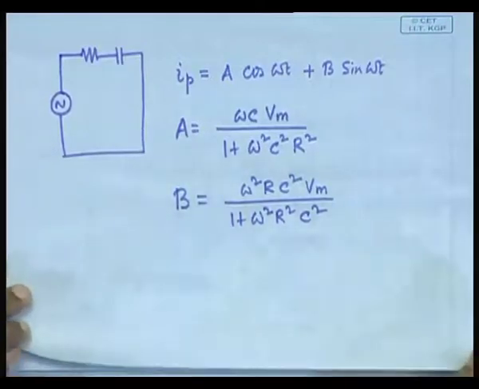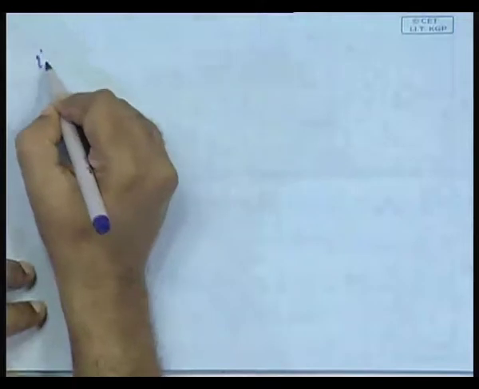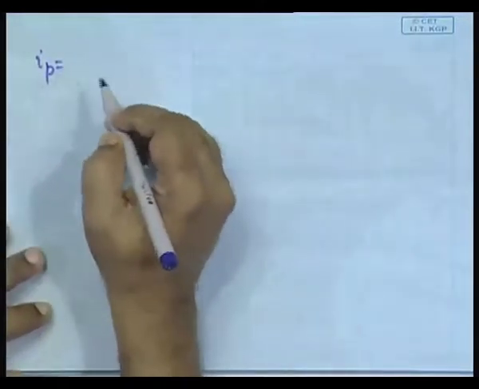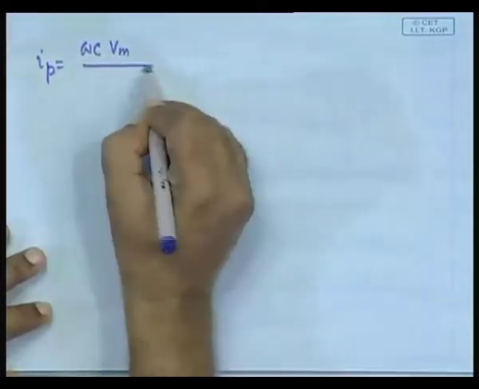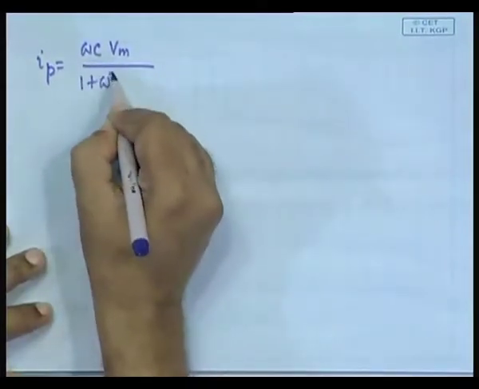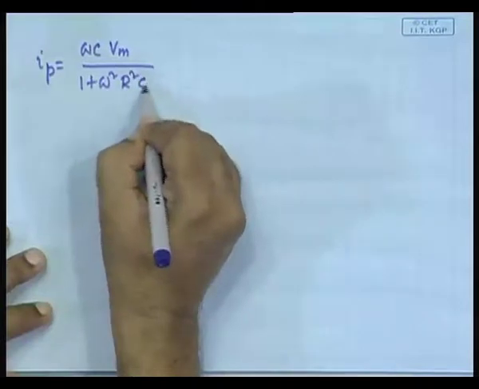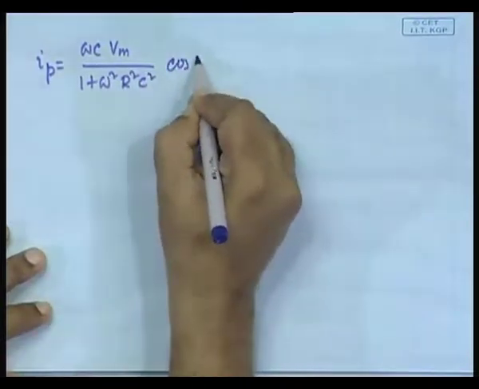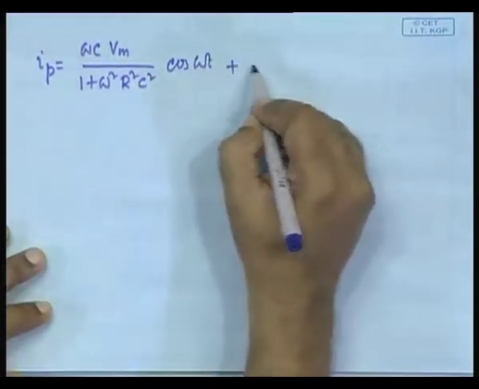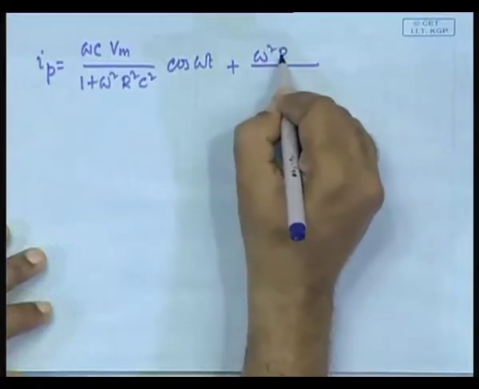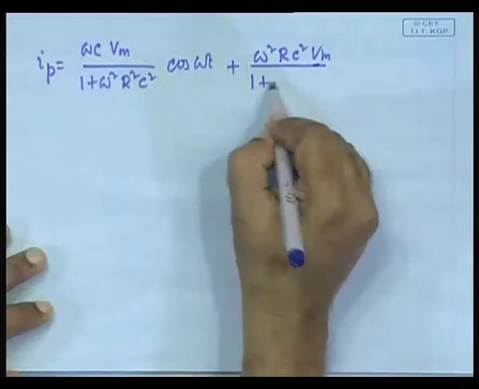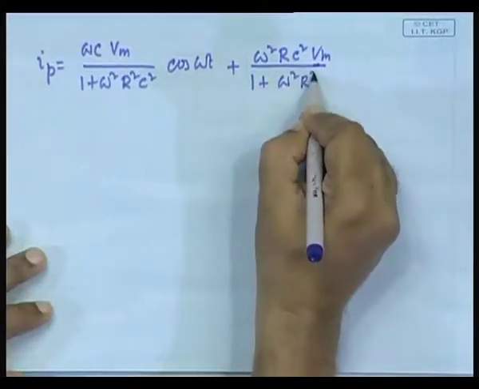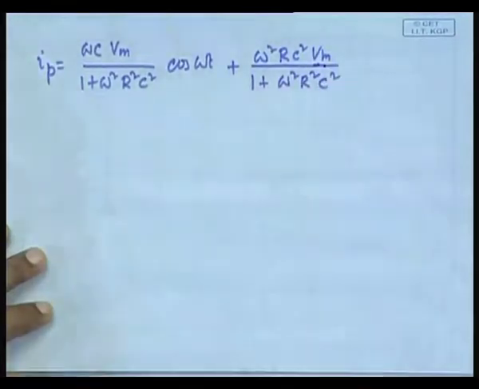So, your solution would be I p is equal to omega c V m by 1 plus omega square r square c square cos omega t plus omega square r c square V m divided by 1 plus omega square r square c square.